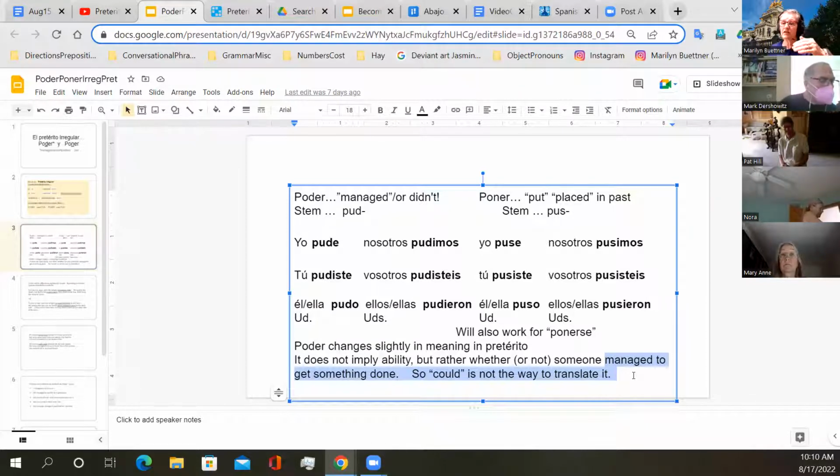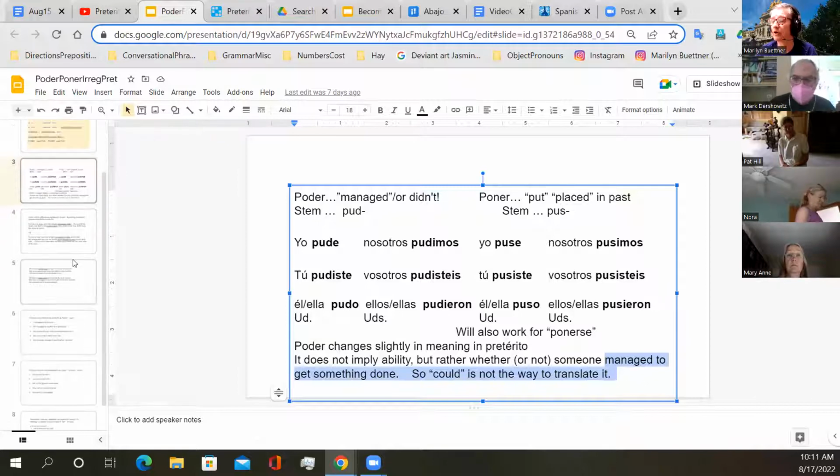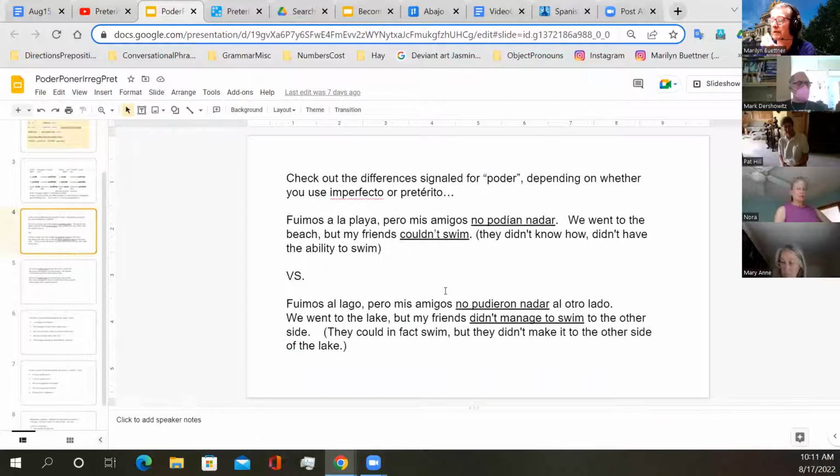If what you mean is could, as in was able to, you need to use the imperfecto, podía. All right. So there's a definite nuance, a definite meaning that something actually happened, or in the negative, that they didn't manage to make it happen.